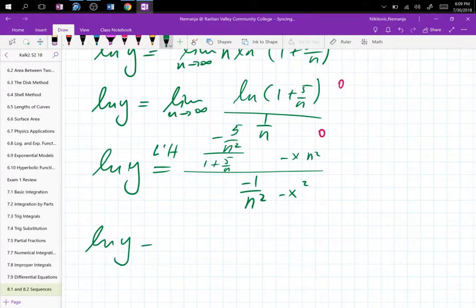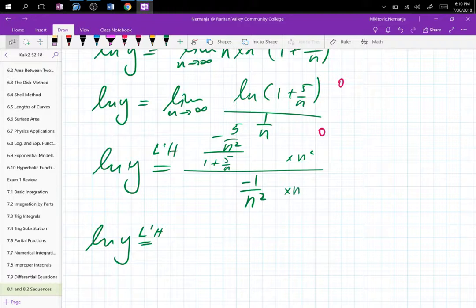So ln y, L'Hopital. All right, so now, times n squared, times n squared, so that clears that one.